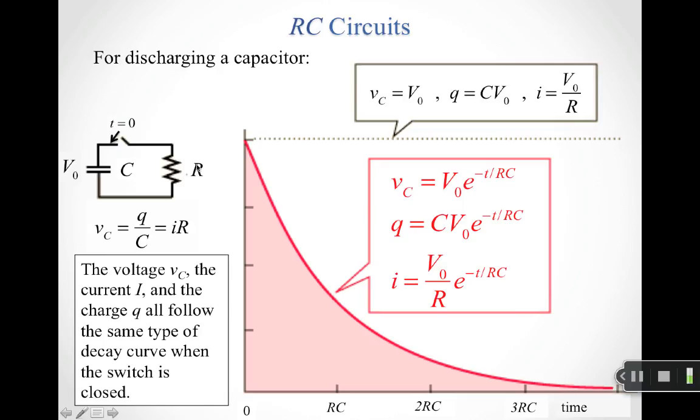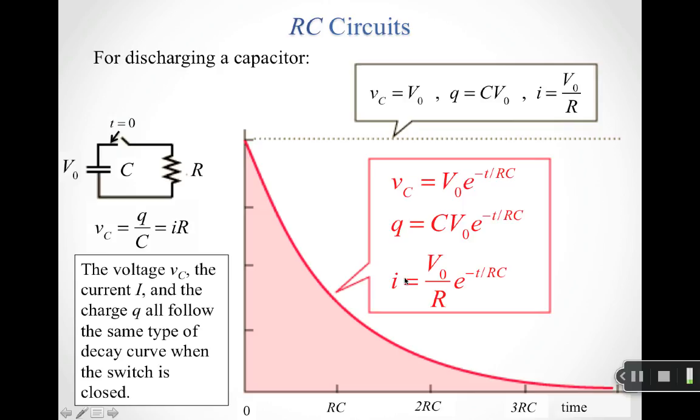The voltage across the capacitor is equal to the voltage across the resistor. The charge on the capacitor and the current in the circuit all fall off like some number out front times e to the minus t over RC, and RC is our capacitive time constant.